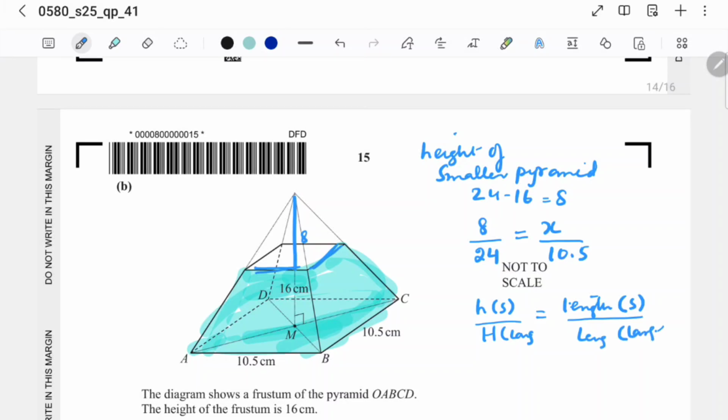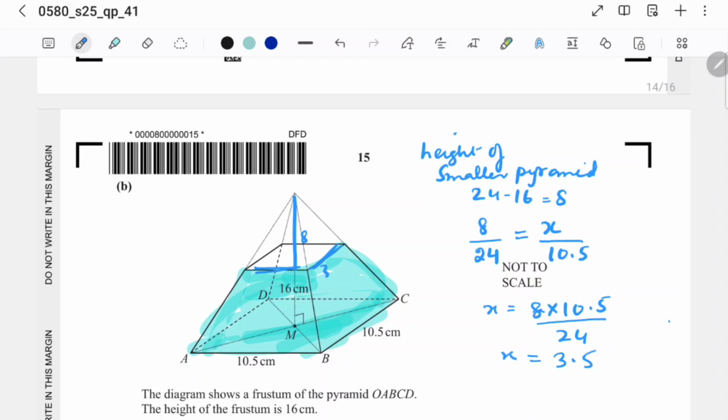So we are taking the ratio of the sides. They will be equal because they are similar shapes. Then cross multiply, you will get x equals 8 times 10.5 divided by 24, that is equal to 3.5. It means this is 3.5 and this is also 3.5.